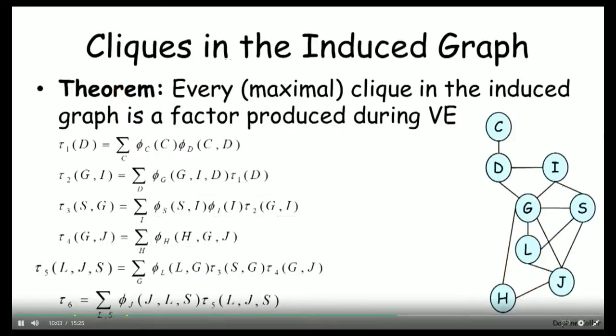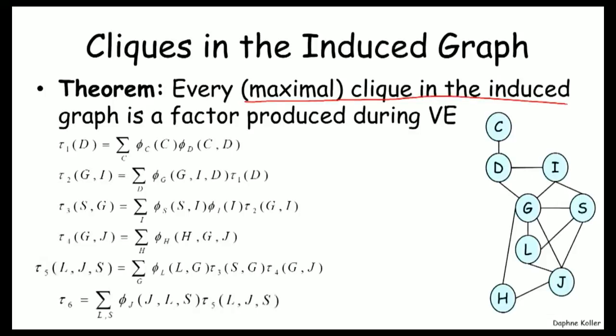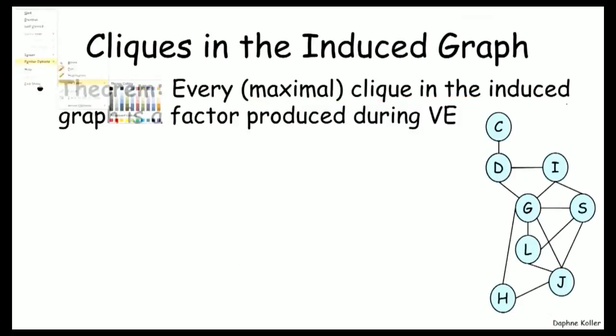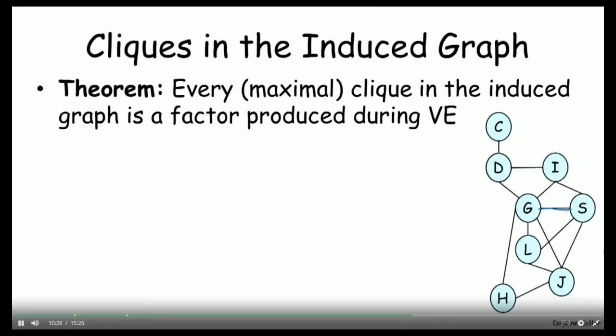We can equally well check, and we saw that in the previous slide already, that every maximal clique in the induced graph is a factor that's produced during variable elimination. So we've demonstrated this to ourselves by inspection, but let's actually do a proof of this. Let's consider a maximal clique in this induced graph, for example, G, S, L, and J. So that's a maximal clique.